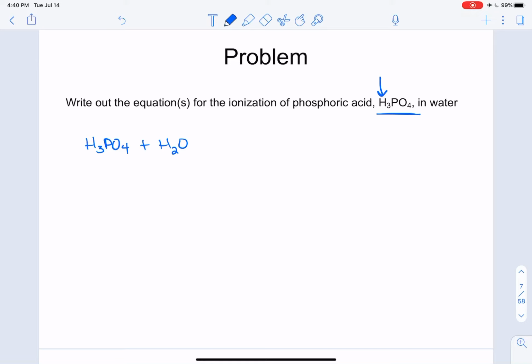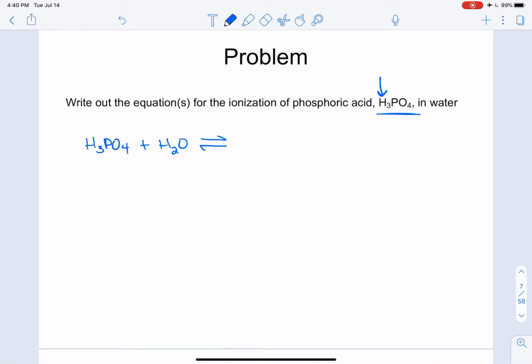H3PO4 on its own is already a weak acid, which sounds strange. It looks like it should be a super acid because it has three hydrogens, but nope. So we're going to want to write the double arrow there. And we'll learn about which acids are strong acids and which acids are weak acids in a later lecture. But just for now, trust me, phosphoric acid is a weak acid.